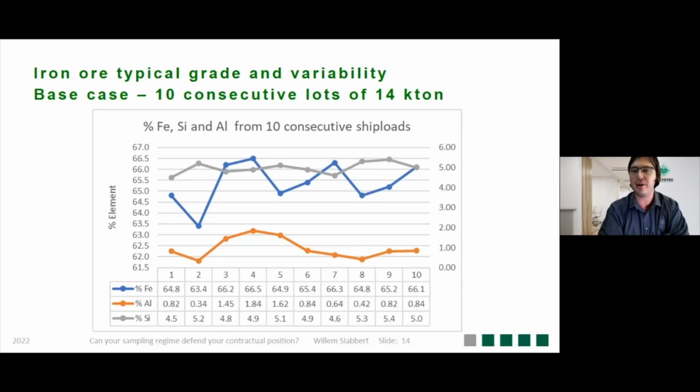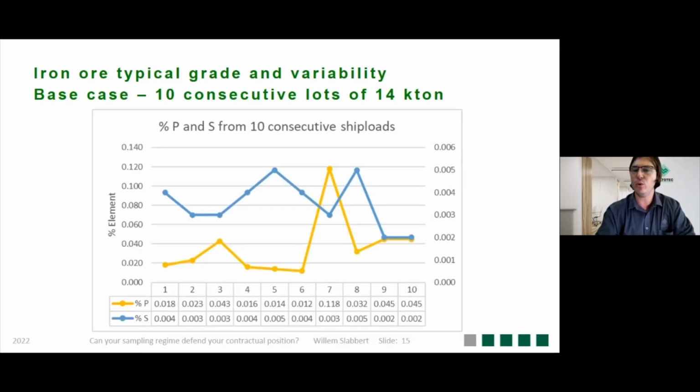However, the relative variability, in other words, the variability around the average value of the aluminum content, is quite high compared to the rest. We also can conclude some variabilities for phosphorus and sulfur content.